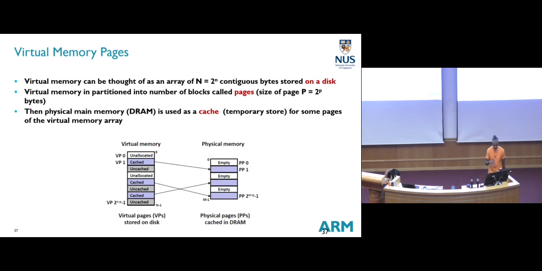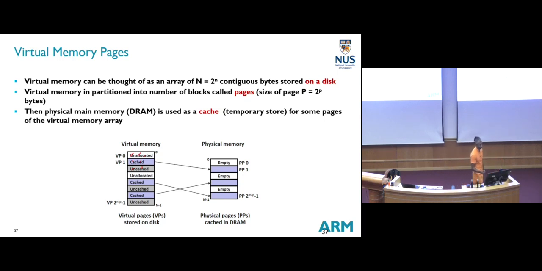In the virtual space you have a lot of different blocks of memory, and each of these can be tied to different processes, and they could already be cached in the physical memory or they could be uncached.